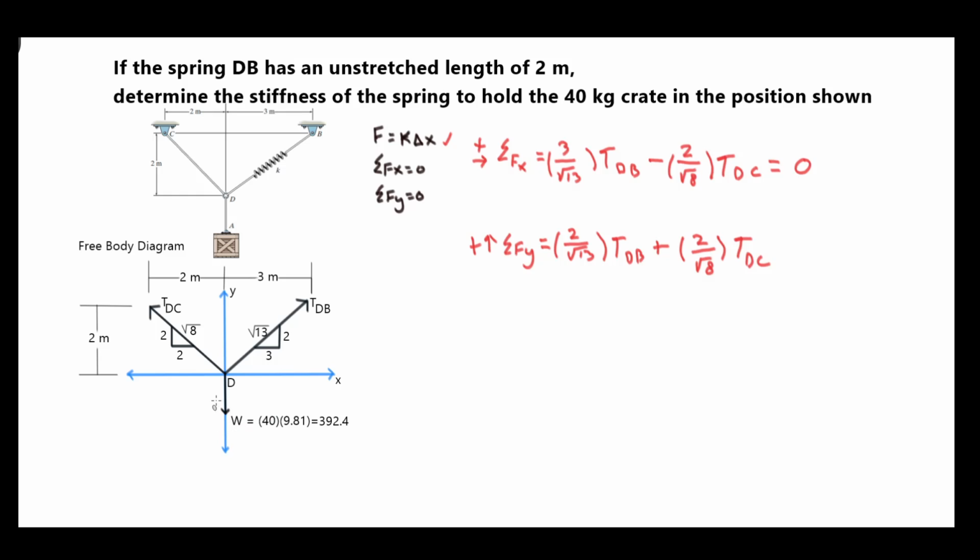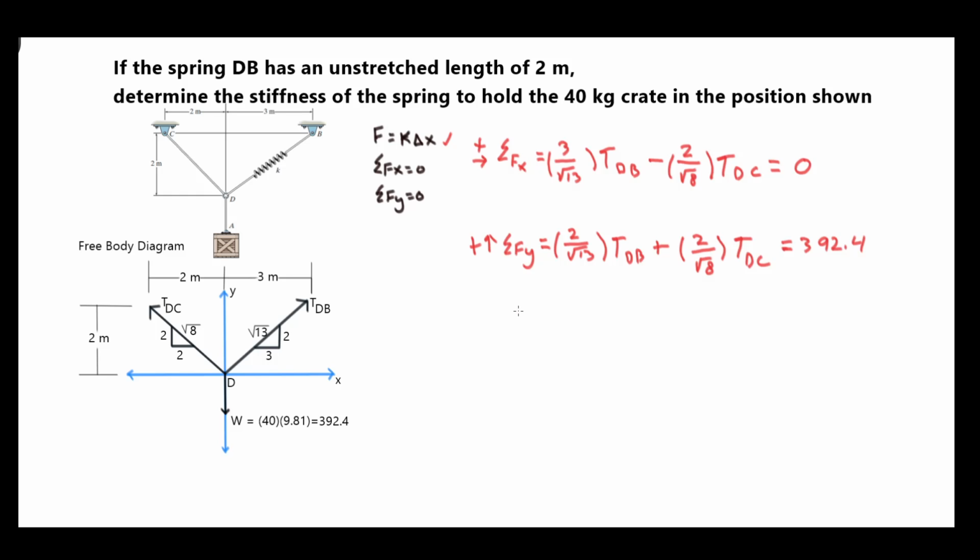Now, we have this crate that's getting pulled down and perfectly centered in the y direction. So since this is a negative value and our summation of forces is equal to 0, we can just go ahead and add this to the end. So it's going to be equal to positive 392.4.